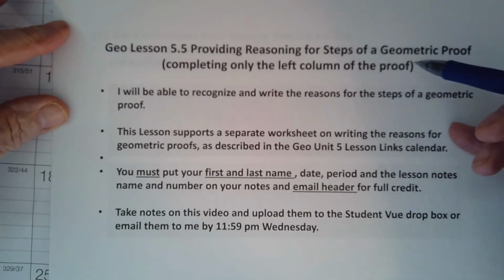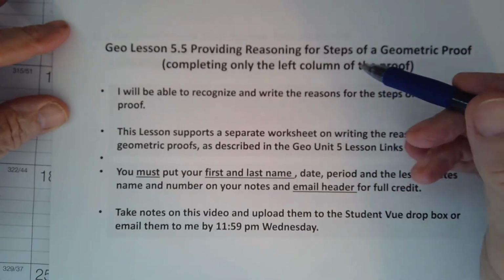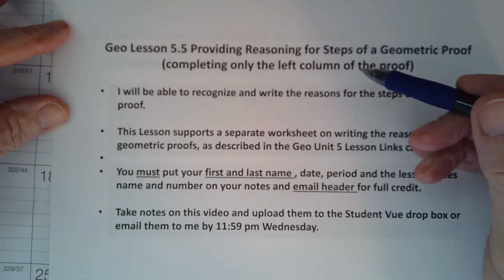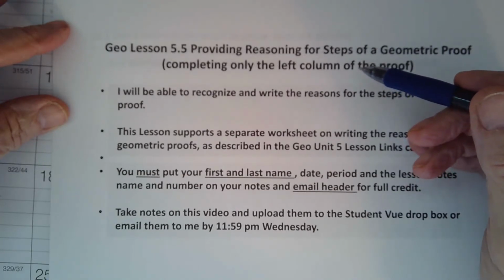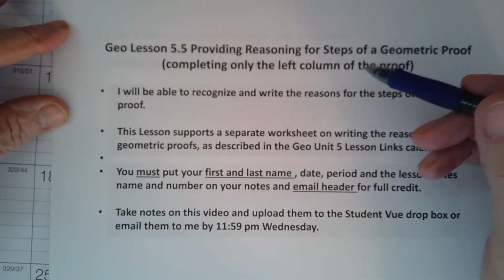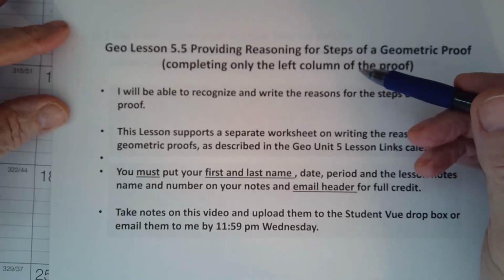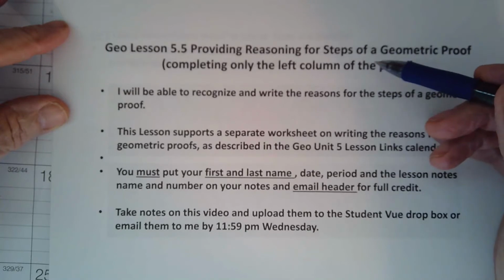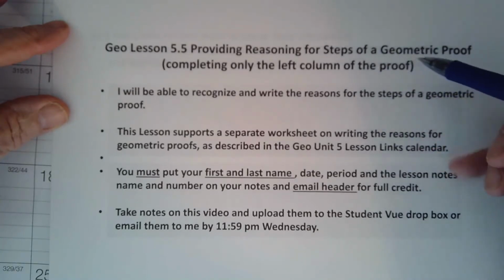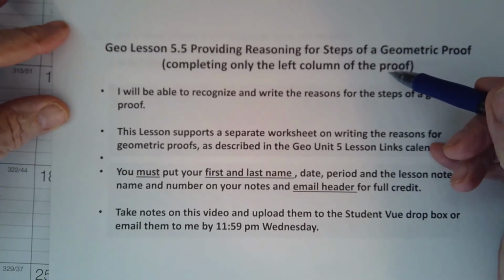So if you'll remember, in Lesson 5.1 we talked about conditional statements with hypotheses and a conclusion, and how some of them were inductive, meaning they were based on the observation of whoever was using the proof, and would continue to be used until they found a counterexample.